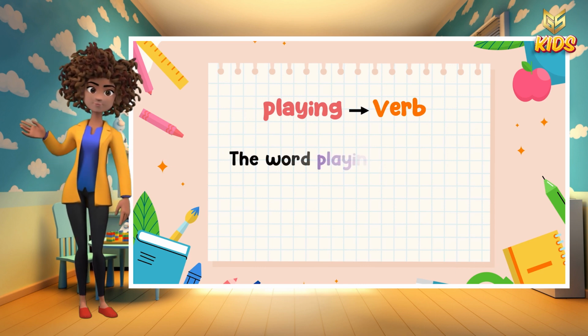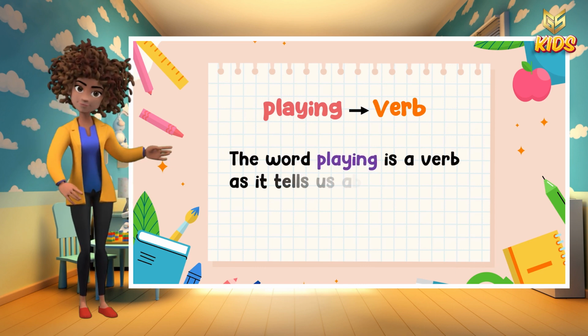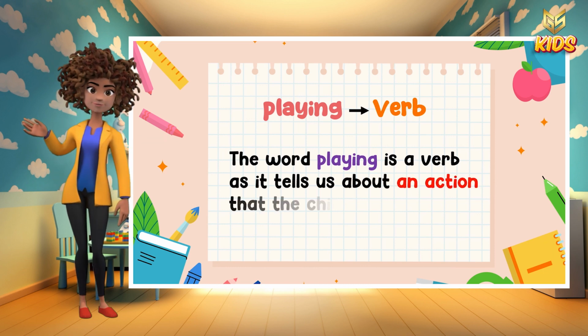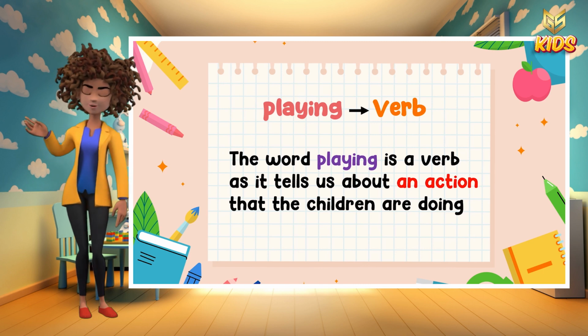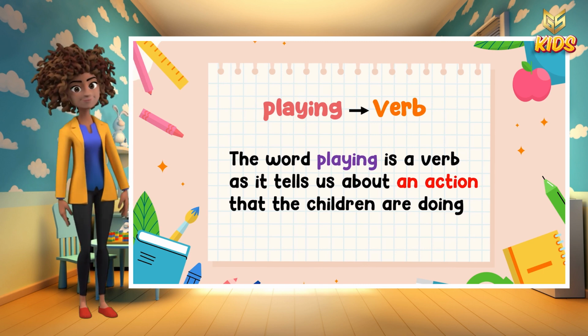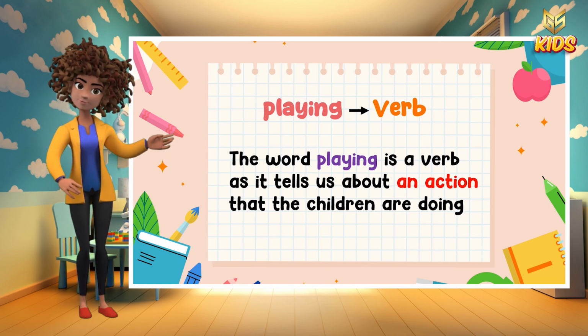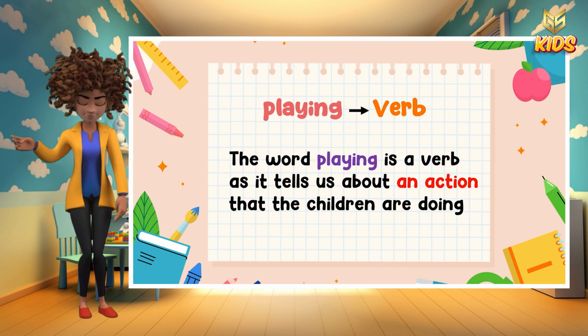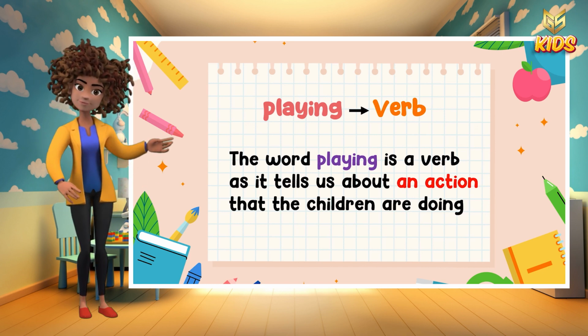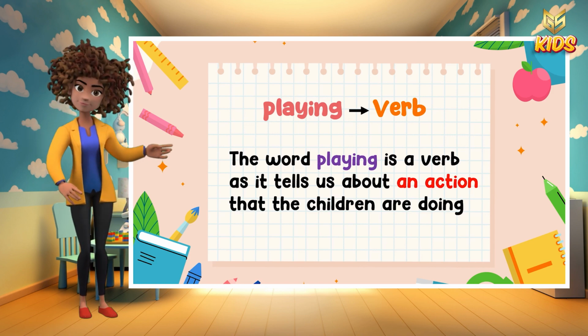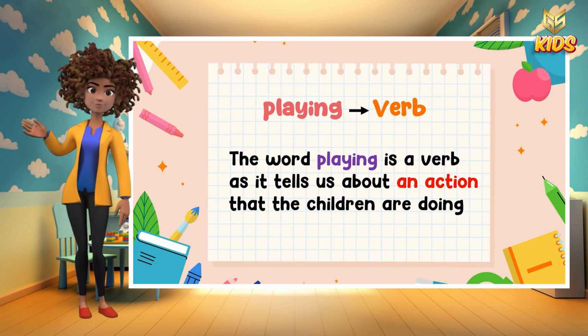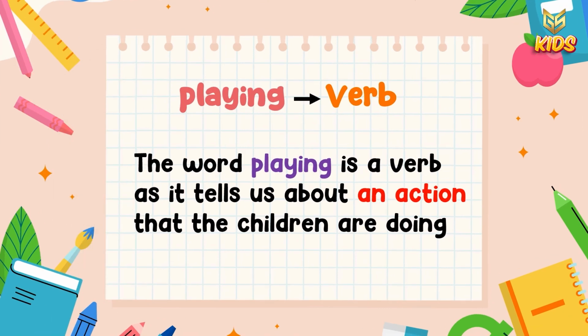The word playing is a verb as it tells us about an action that the children are doing. Here the children are playing, okay? And playing is an action because they are doing something. So, playing is an action word and this action word is known as verb. So, here playing means verb. Isn't it very easy to find what is verb?